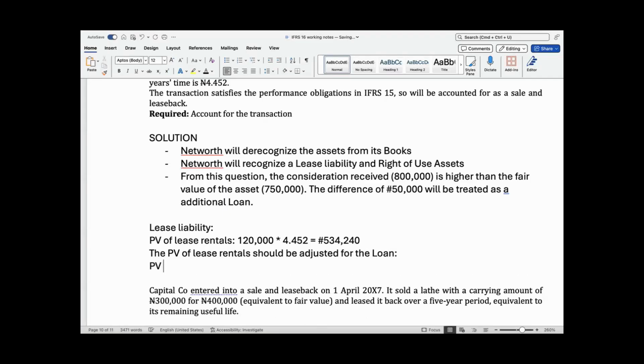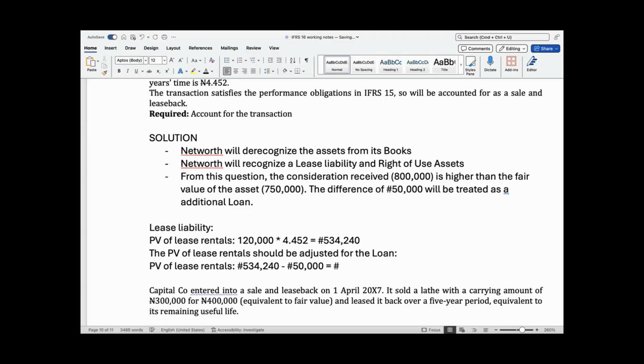So the PV of lease rental then becomes this 534,240 minus the loan element of it, which is 50,000.